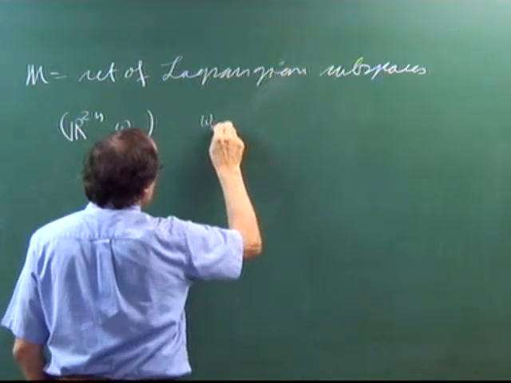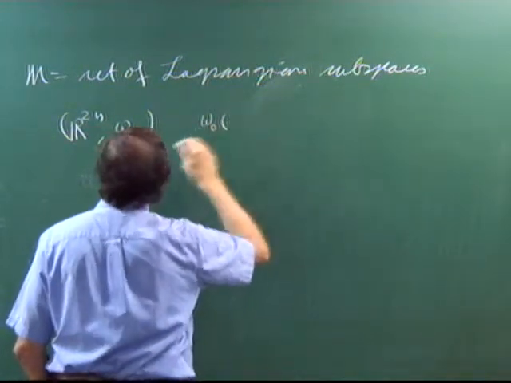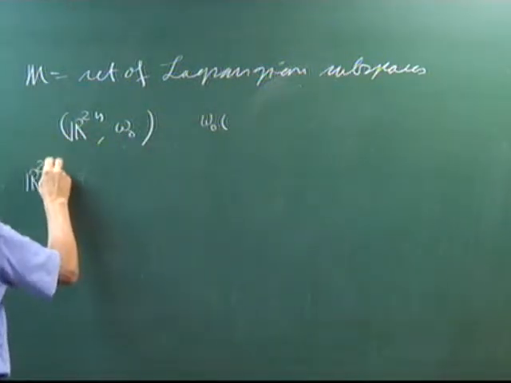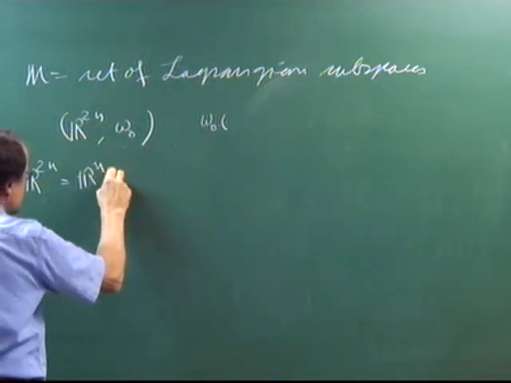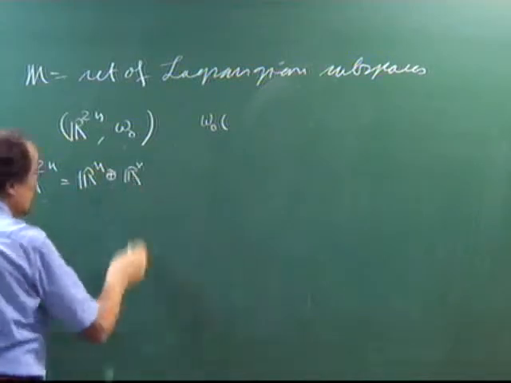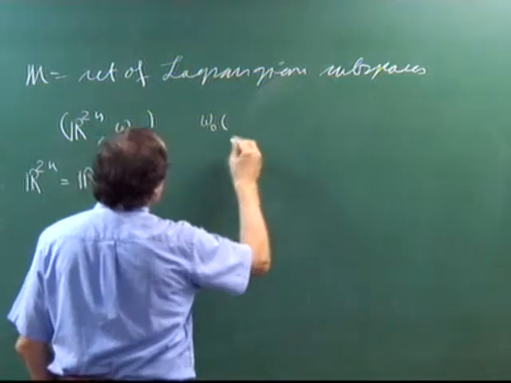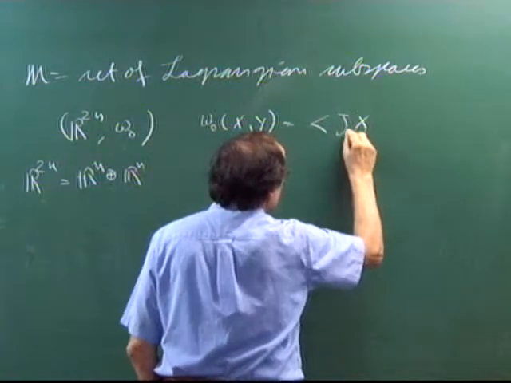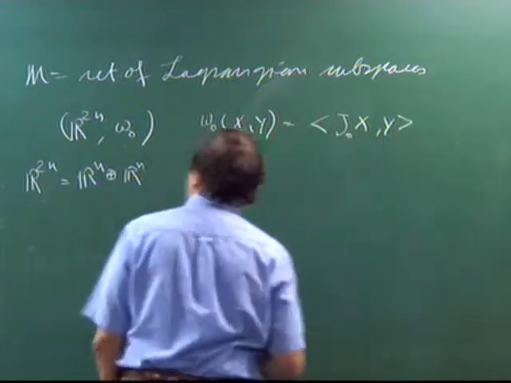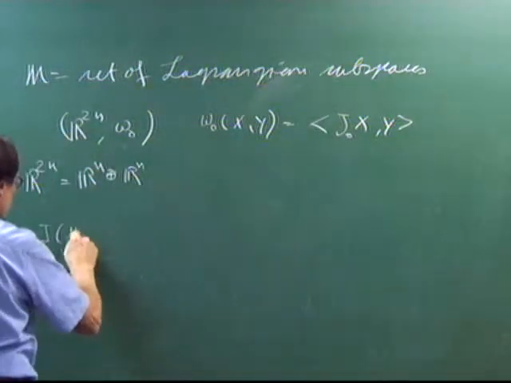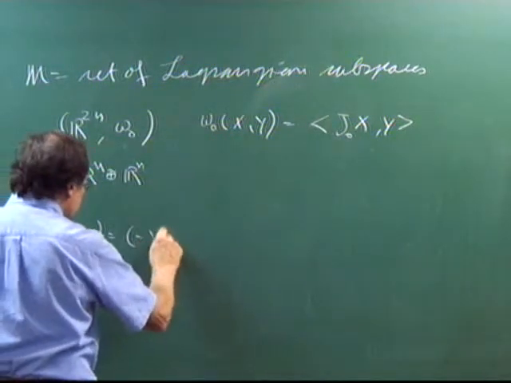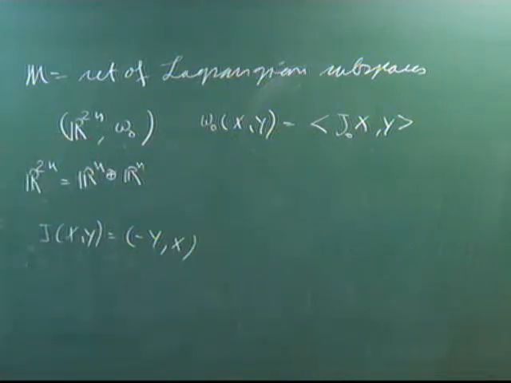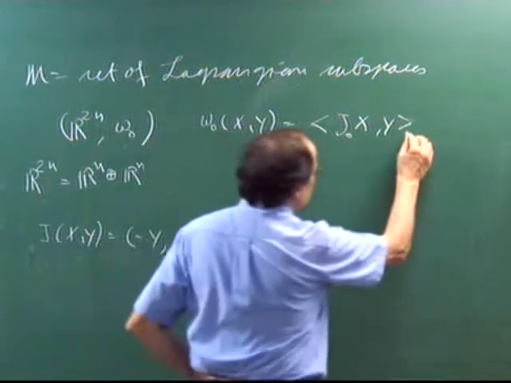So omega naught, identifying R^2n with R^n plus R^n, and omega naught of x, y was the inner product of J x with y, where J x, y is minus y, x, the standard complex structure on R^2n. Then I can just define the symplectic form in this fashion with respect to the standard inner product on R^2n.